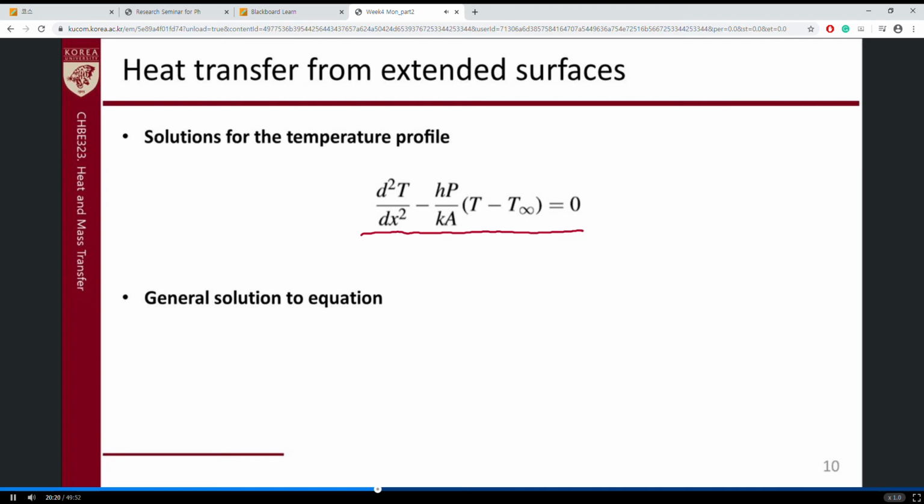Okay, so for these cases we assume that this is the straight fin with constant cross sections.